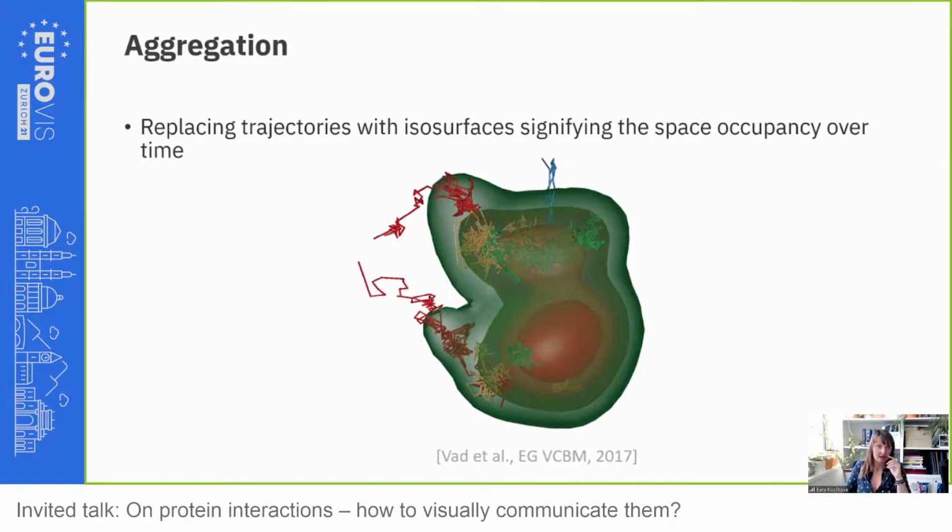So basically, this representation could be interpreted in such a way that, for example, if here in the inner part we are observing this red isosurface, it means that here there was the highest concentration of water molecules over the molecular dynamics simulation. And in this way, we could very nicely and easily see the aggregated information about the appearance of individual water molecules, even through the whole dynamic simulation, in one single snapshot.